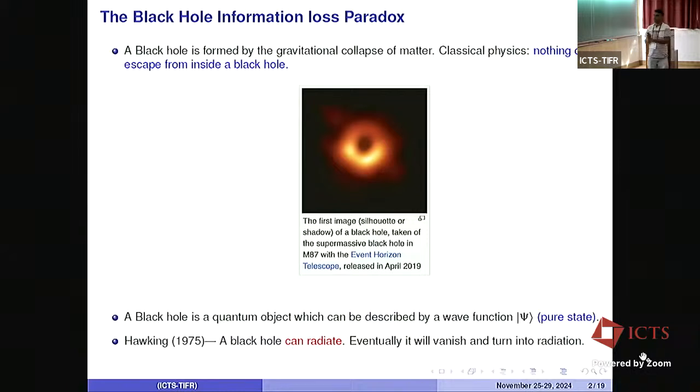And then one of the interesting developments was Hawking's calculation that a black hole can actually radiate. Unlike what we learned in classical physics, it can radiate, and eventually it keeps radiating and completely vanishes into pure radiation.